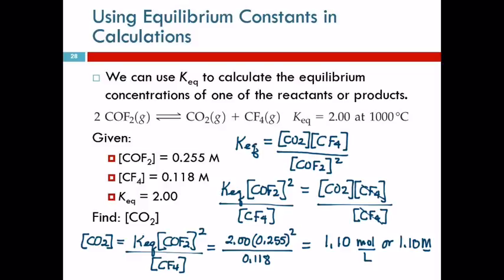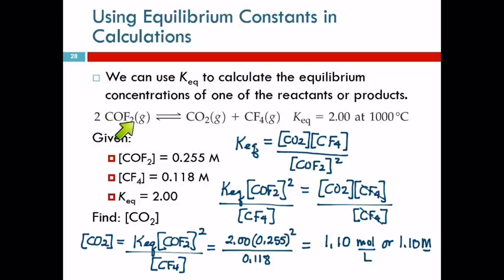The COF, 0.255, you squared it because of the subscript 2 or the 2 outside of the bracket? I squared it because of this 2. In this equation, you take the concentration raised to the power of the coefficient. So because this has a coefficient of 2, I square the concentration.